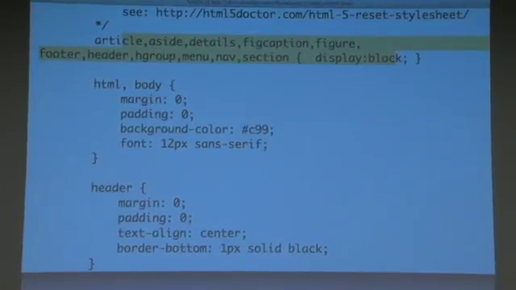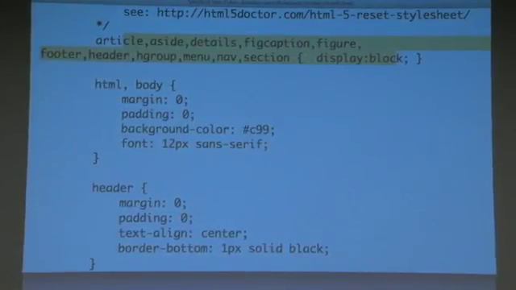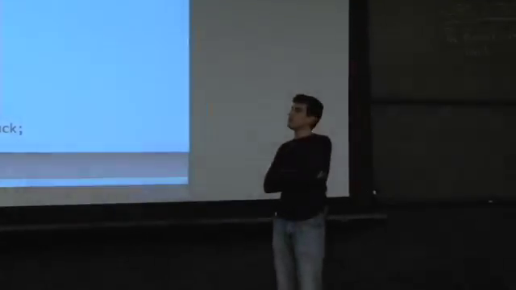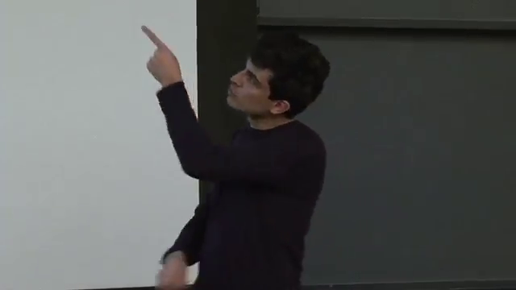This would work pretty reasonably well, except for yet another bug that IE has: if it doesn't actually contain the element within its DOM, it's not going to apply this style to it. In this case, the article element, the aside element, all of this stuff doesn't exist quite yet, so it's not going to apply this block style to it.